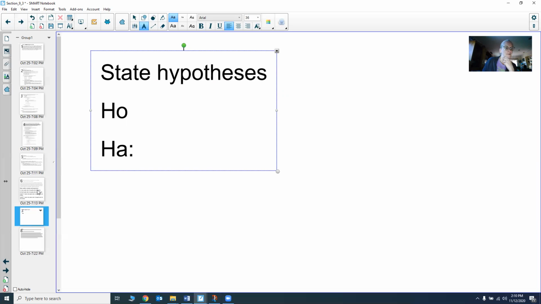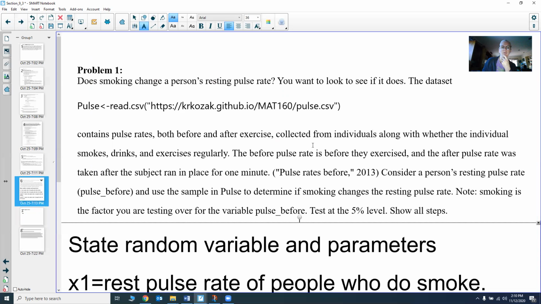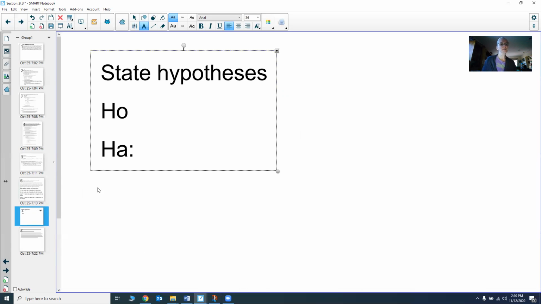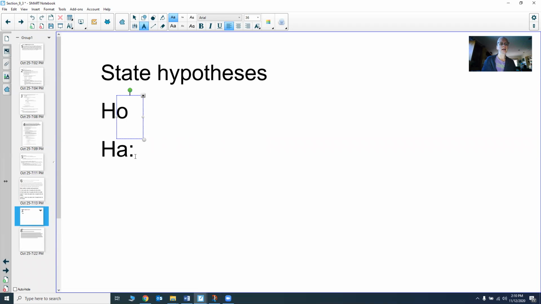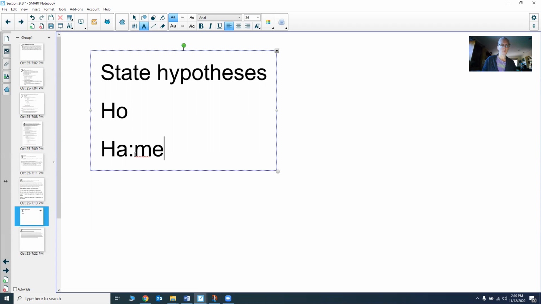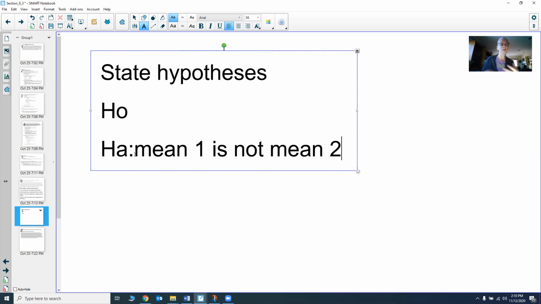My HA is, I want to ask if smoking changes a person's resting pulse rate, using the data. So I'm only asking if it changes it. Then my HA would be that mean 1 is not mean 2. That's all I want to know: are they not the same? And then my H0 would be that they are the same.